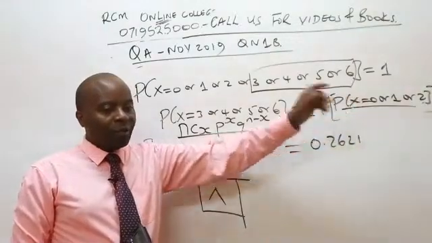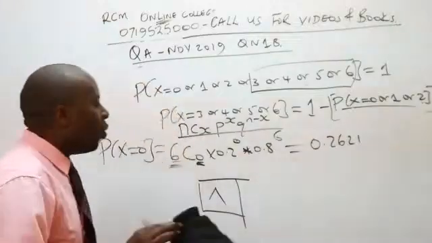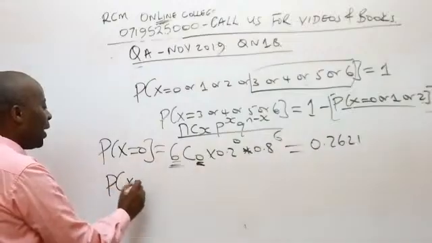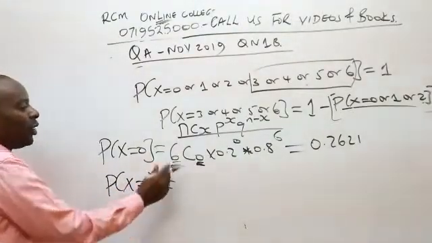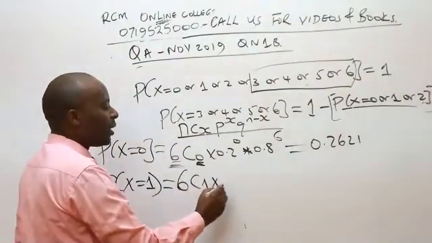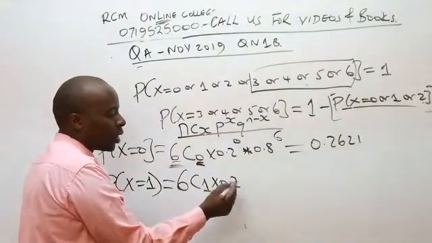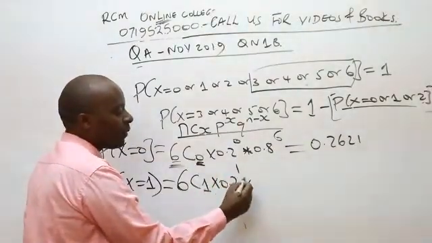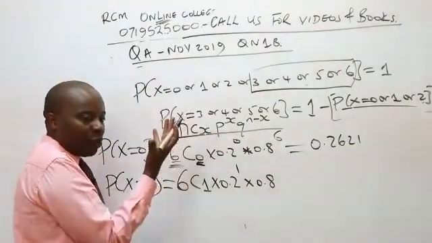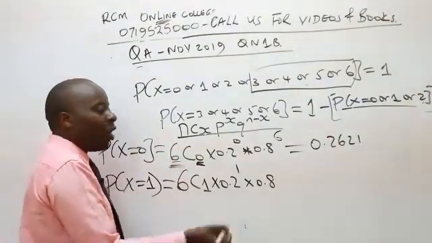Take on the probability of the second event, where X equals what here? Where X equals 1. So come and give us the probability when X equals 1. Remember, we are using this general formula. It will be 6 combinations 1 times 0.2. Remember now X is 1. So then 0.2 is raised to X. So 0.2 raised to power 1 times our Q is 0.8. Remember these figures, I gave them to you up there. So 0.8 this time around will be raised to a new power. How do I get the new power?